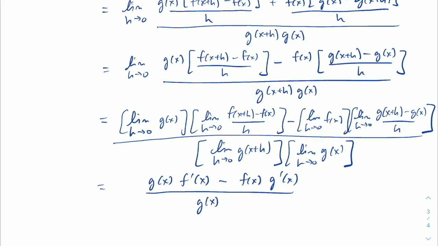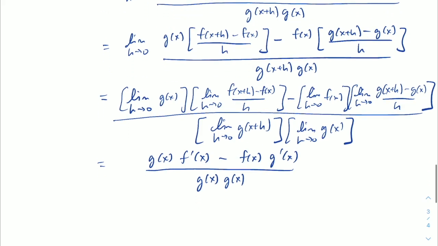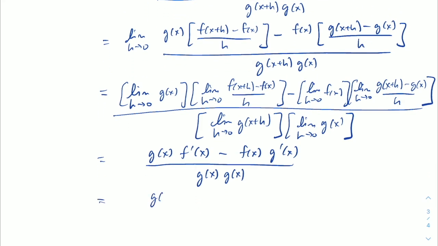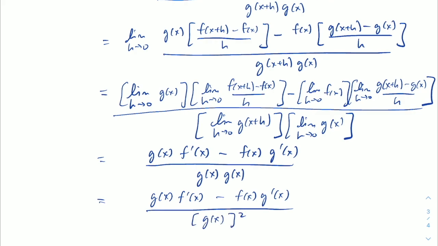And it's continuous because we're assuming that g of x is differentiable, and differentiable implies continuity. And then the limit as h goes to 0 of g of x is g of x. And so we have the familiar quotient rule, low d high minus high d low all over low squared. And that concludes our proof. I hope you found this video useful.